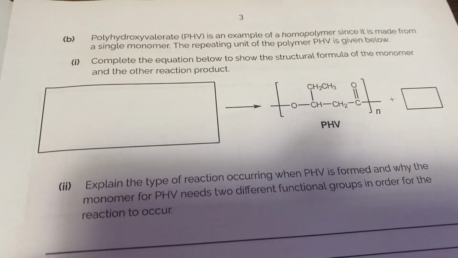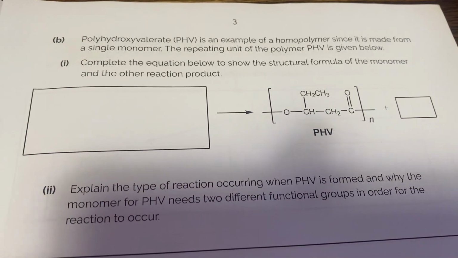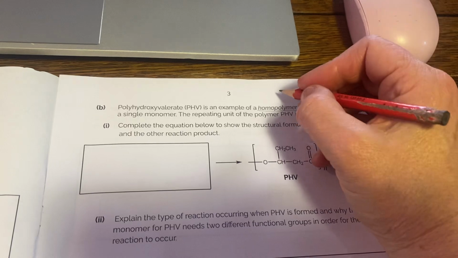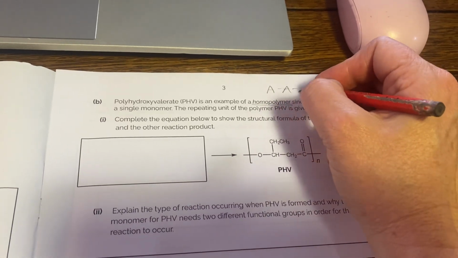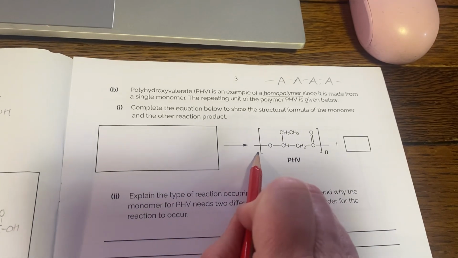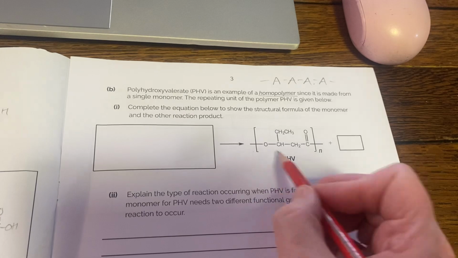Next question is a polymer question with a polymer with a big name, and it doesn't really matter what that name is. A homopolymer, and I often talk to you about that being one monomer which is repeatedly joined, so an AAAA polymer. And the first question asks you to figure out what the monomer was. So basically it's copying.